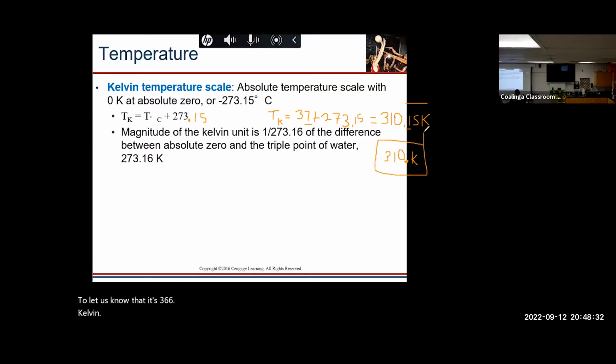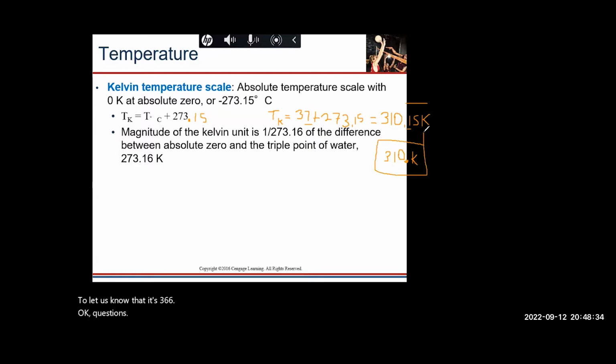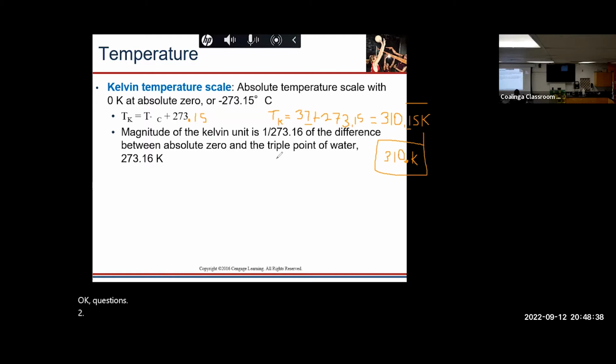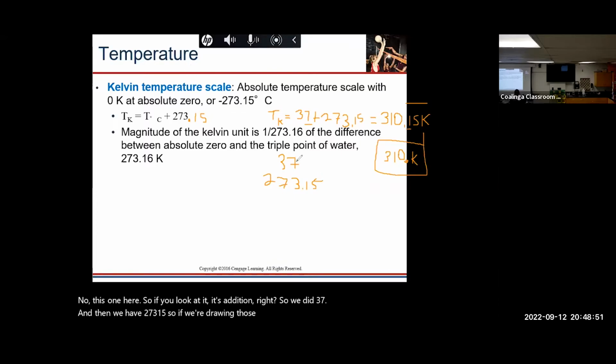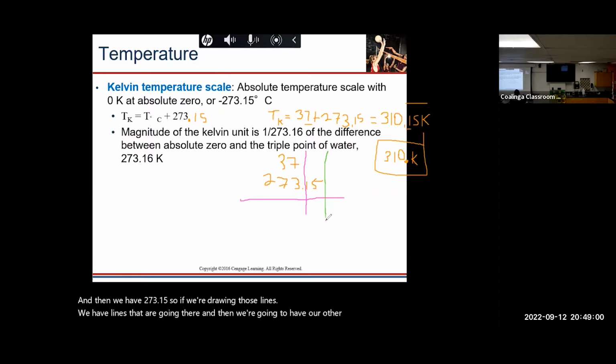Okay, questions? I thought we were supposed to have 2 sig figs. No, this one here, if you look at it, it's addition, right? So we did 37, and then we have 273.15. If we're drawing those lines, we have lines going there, and then our other line going after the 5, right?